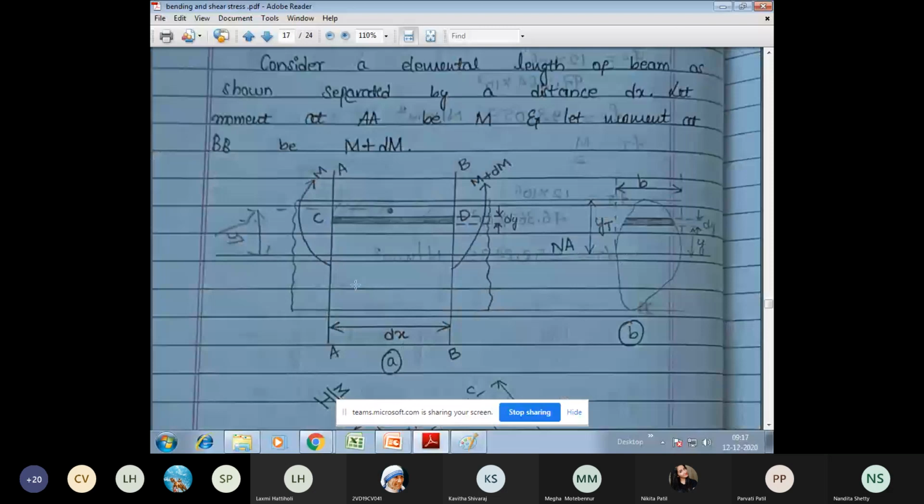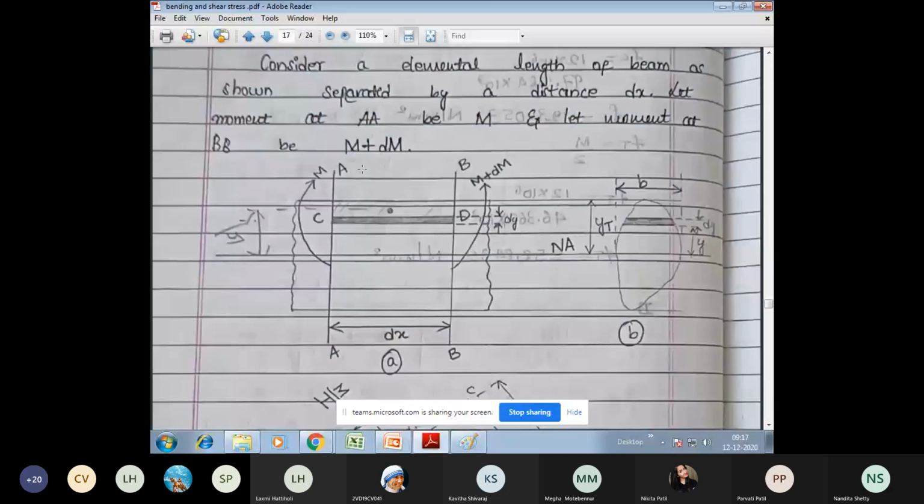Okay, so now after cutting this beam, let's first study what a free body diagram is after taking a cut section. So when I take a cut section AA and BB, let's assume that the distance between the two cut sections AA and BB is dx.